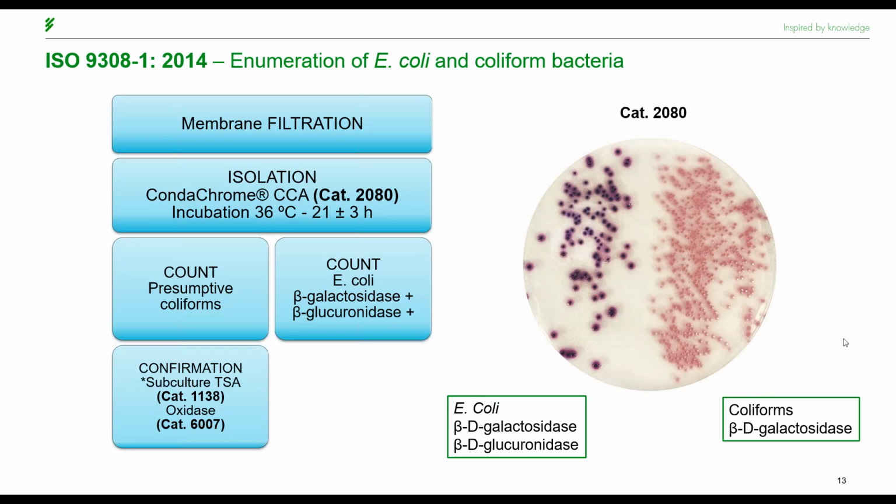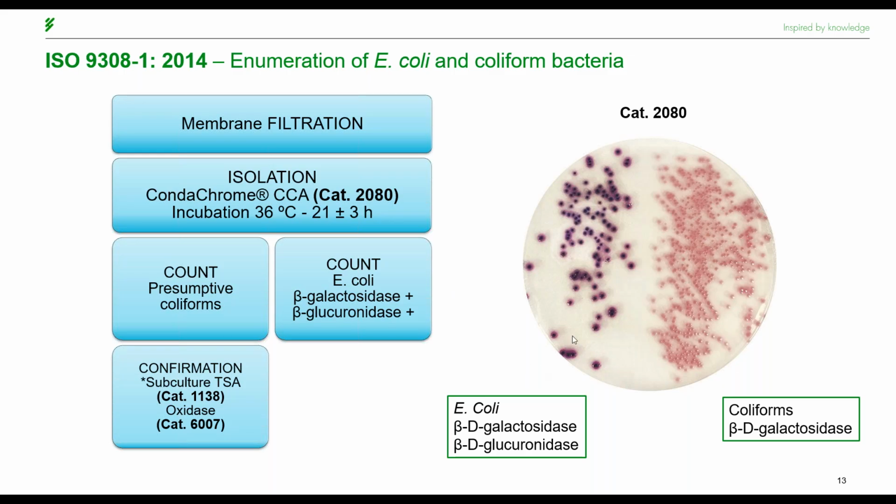The beta-D-galactosidase enzyme, by degrading the chromogenic substrate of the medium, generates colonies of a pink color. E. coli have not only galactosidase but also glucuronidase, so the colonies will grow purple or dark blue due to the joint action of these two enzymes with the chromogenic substances. This can be clearly seen in this image we have here on the right.